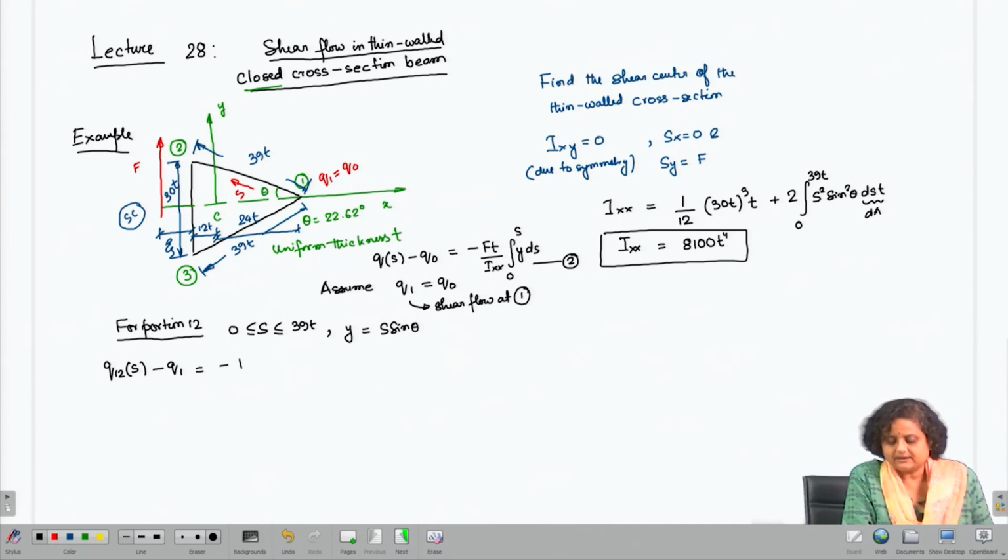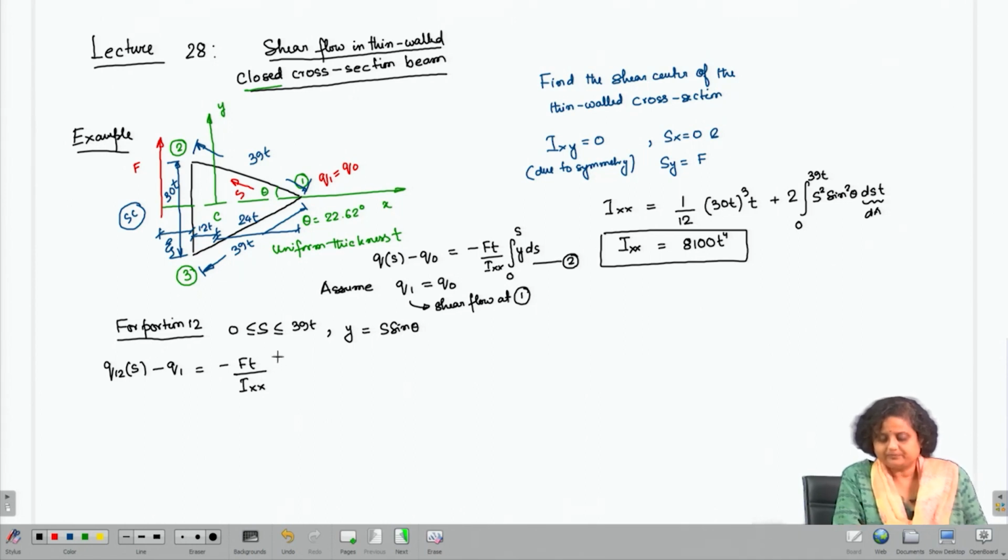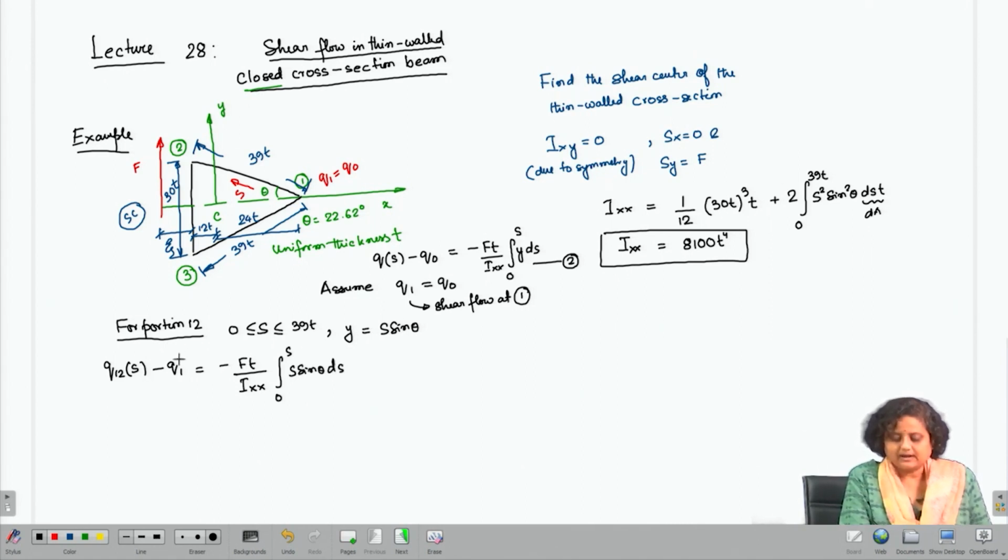Now, if we substitute that, then we can say q1 to S minus q1 is going to be minus F t by Ixx into the integral from 0 to S of S sin theta ds. Now, q1 is again assumed to be q0.